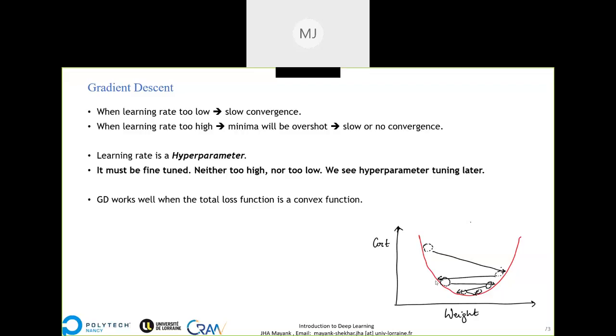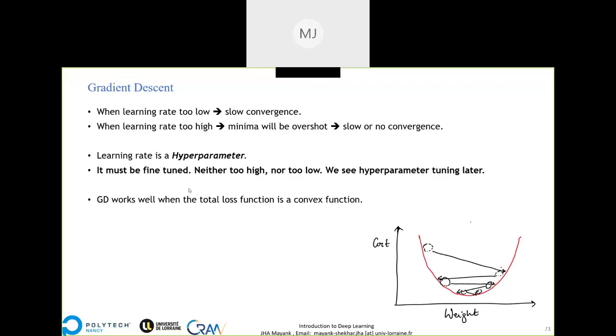You may not reach the minimum at all, because you'll just be oscillating between different regions of your cost function. And if you take a learning rate which is too low, you're going to have very slow convergence. You take very slow steps, and perhaps you will converge after many thousands of iterations, which is not good either.